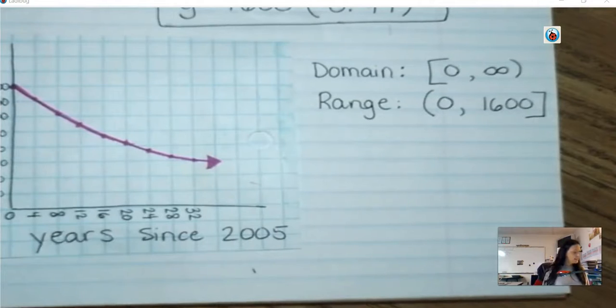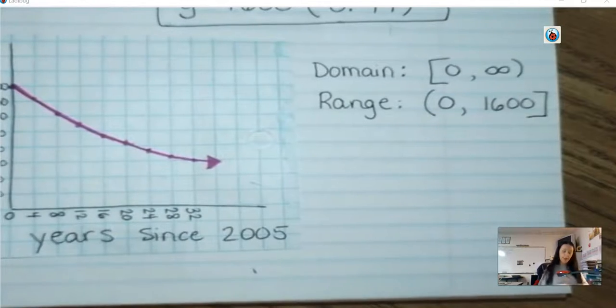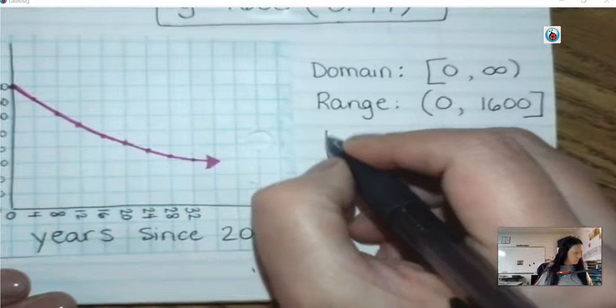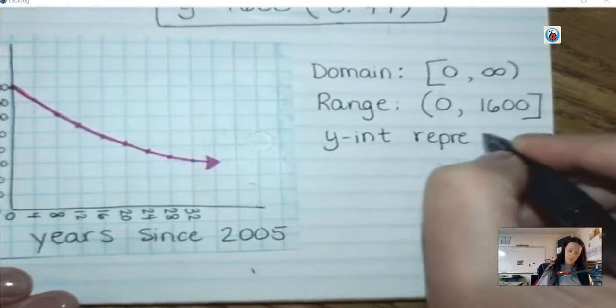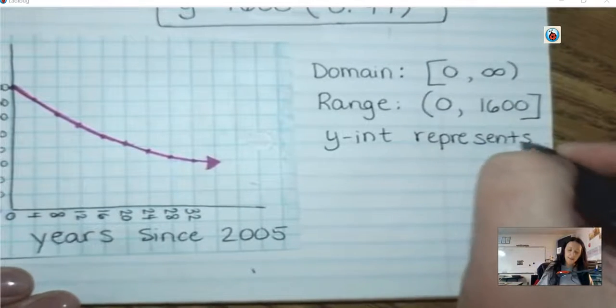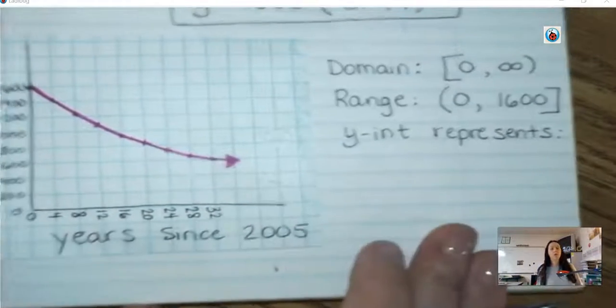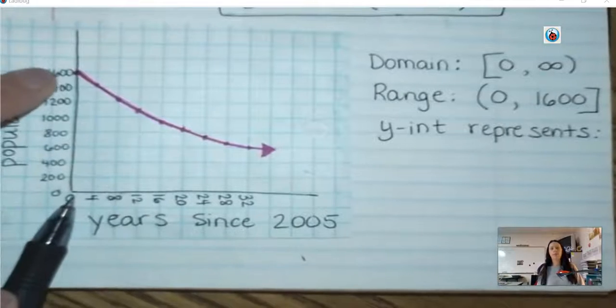Okay, next thing it asks for is what the y-intercept represents. So it just means in context of the word problem, what does the y value mean at 0, 1600?